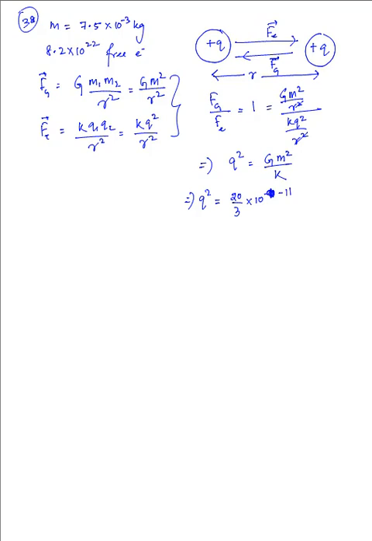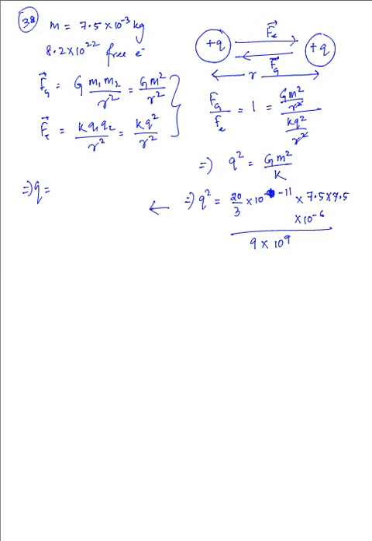Then you have m in each case equal to 7.5, so 7.5 times 7.5, no need to multiply that because we will eventually be taking the root. Then 10 to the power minus 3 squared gives minus 6, so we can multiply that. This is divided by 9 times 10 raised to the power 9. Q will therefore be the root of this.